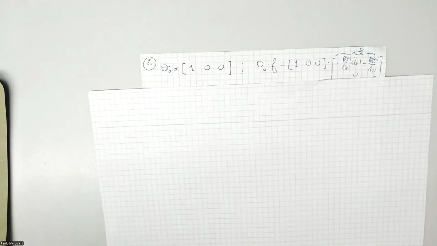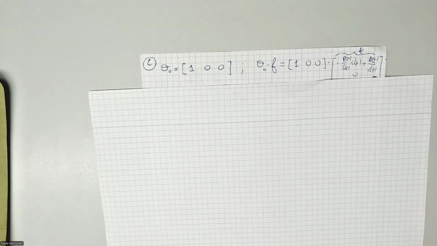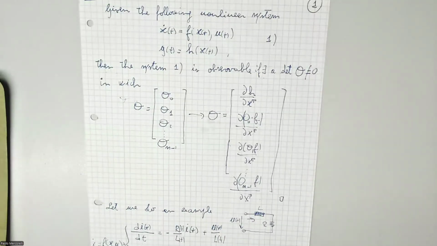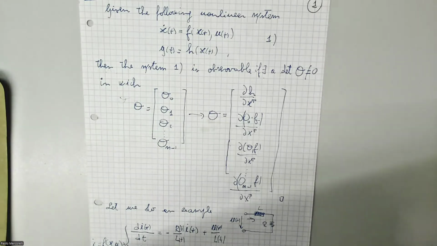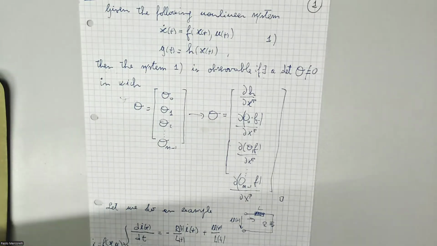Y0 is exactly what I told you now, equal to C. It's easy because if you do the gradient, C is always the gradient of the output in the linear case, directly.